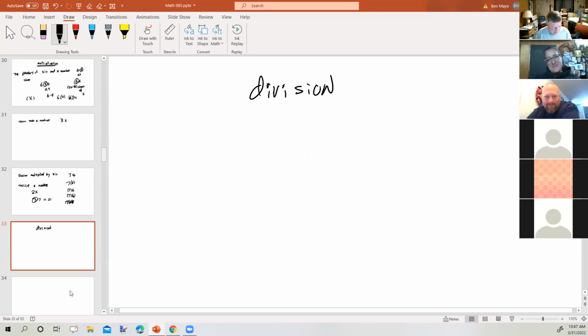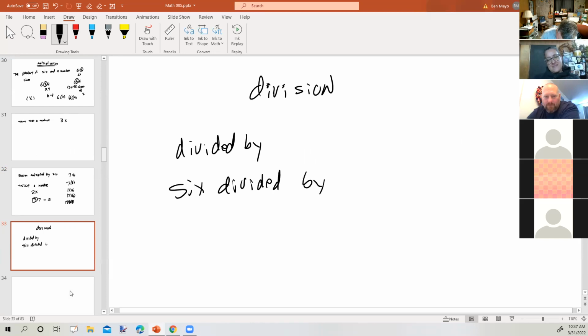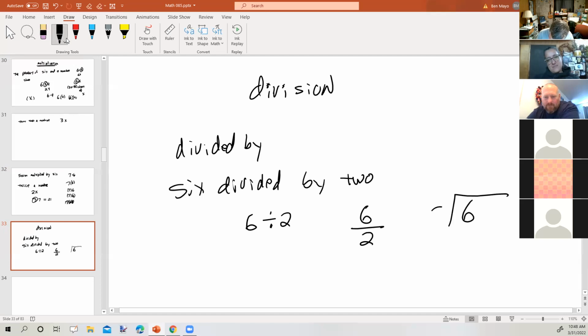Finally, division. What about division? Anybody? Divided by. Excellent. So you could say 6 divided by 2. Now, how could you write 6 divided by 2? You could write it with the division sign, as a fraction, or with the long division symbol.